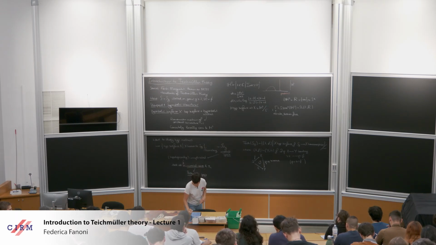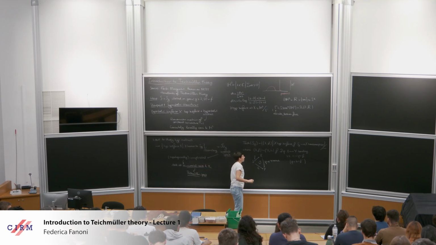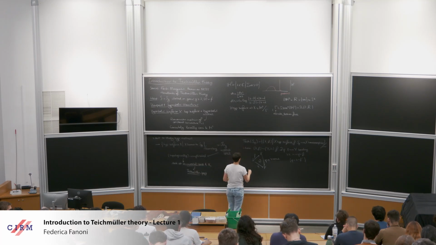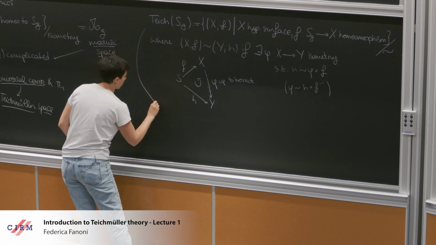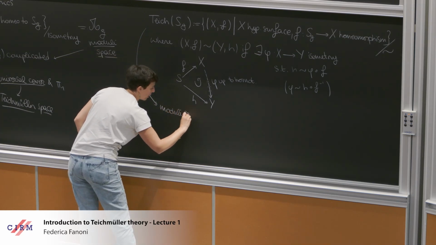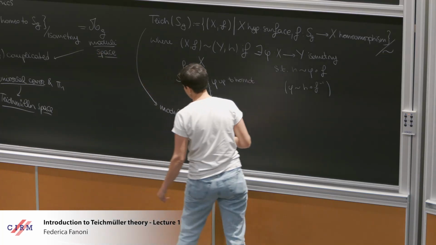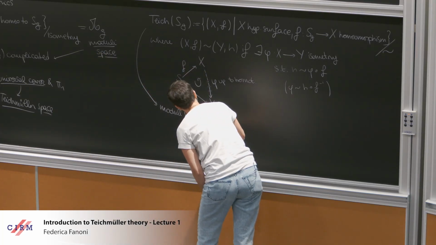So let me just tell you one last thing. We think of this Teichmüller space as the moduli space, not of hyperbolic surfaces, but of what are called marked hyperbolic surfaces.